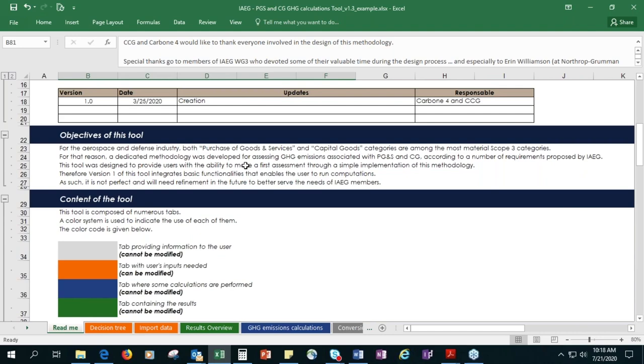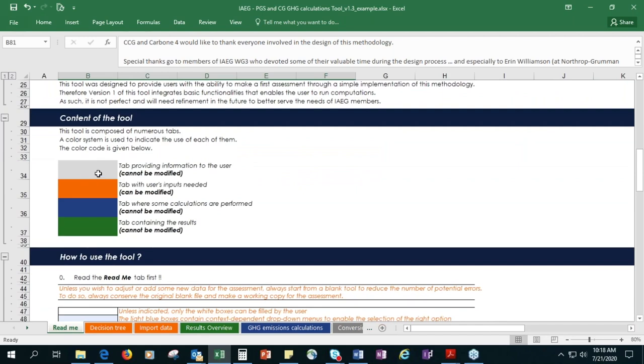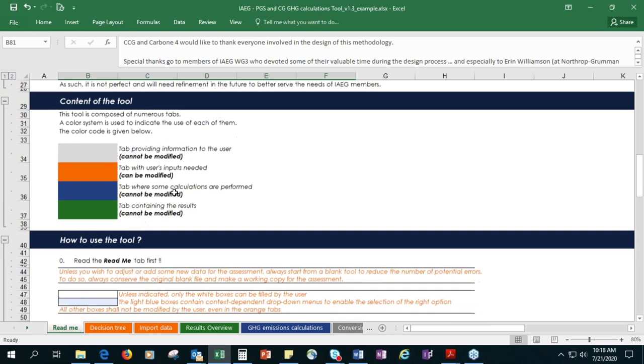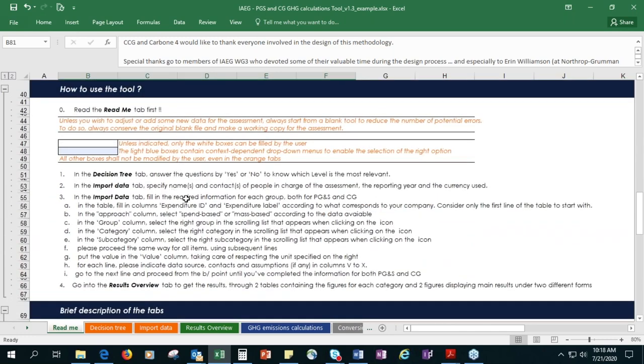It gives an overview of the objectives, discusses the different color coding of the various cells, so you can see where input is required and where calculations cannot be modified. And then it walks through an explanation of each of the tabs. I'll go ahead and share that so we don't have to read it here. But in case you're using the tool and you need a quick reference, you can always come back to the README tab to find those details.